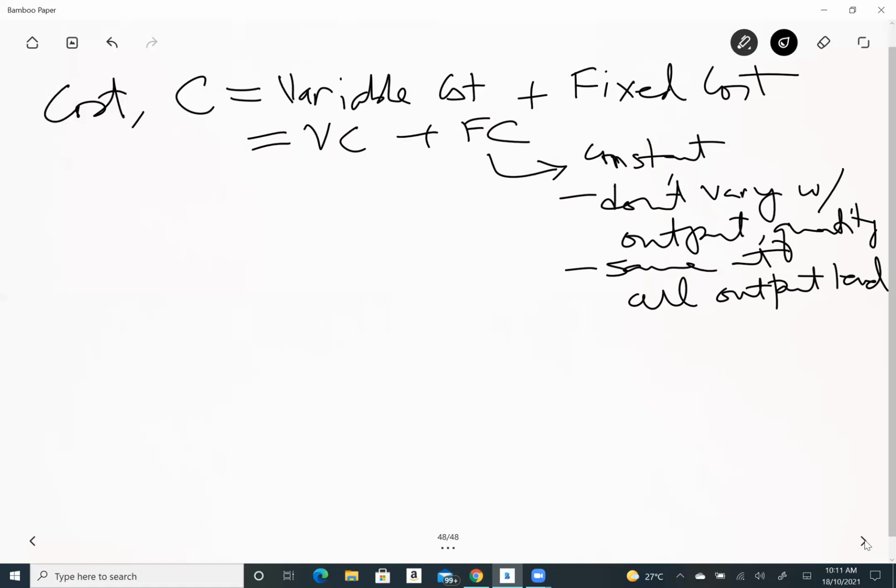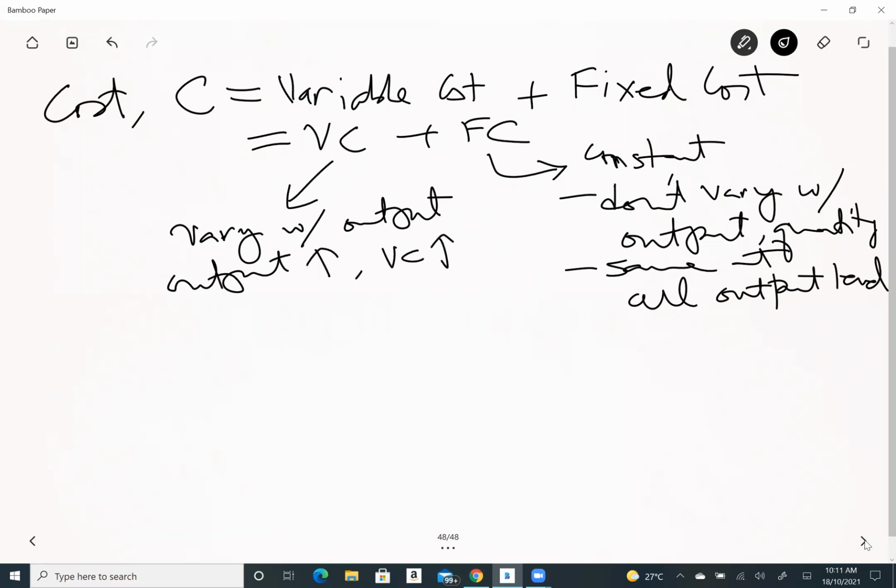Now, what is variable cost? Variable cost, on the other hand, is the cost that varies with the output level. The more output we produce, the higher the variable cost. So variable cost changes with output. Higher output, higher cost. You don't have higher output and lower cost.